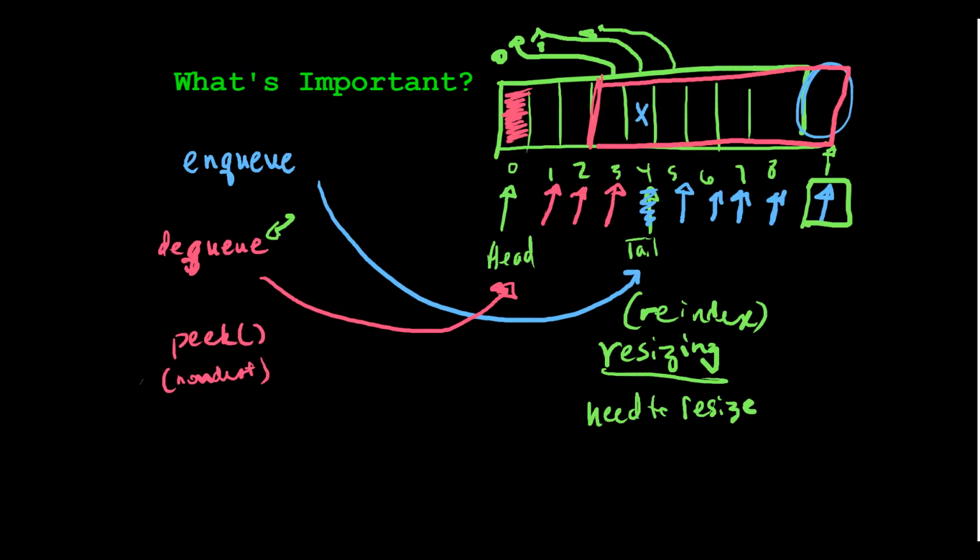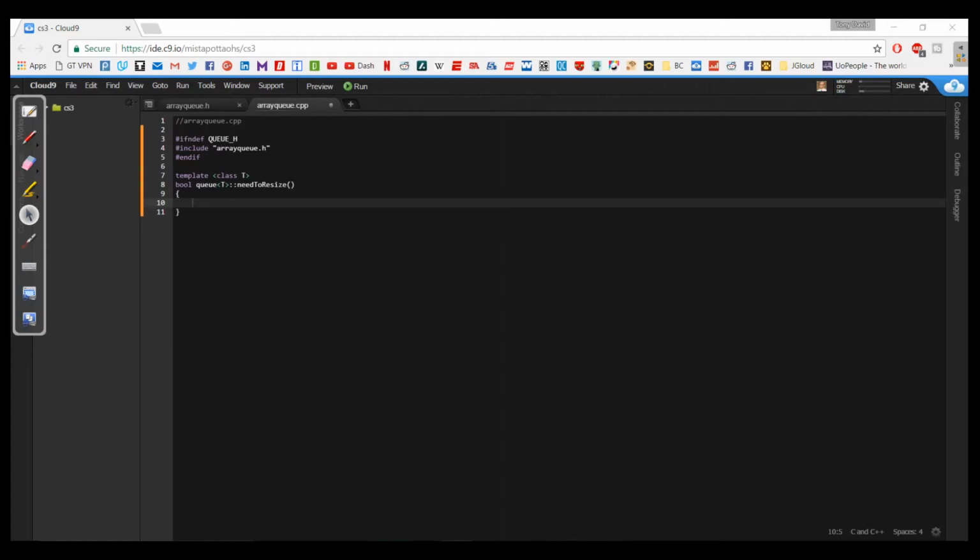I'll know if I need to resize if this last position, if my tail is equal to size. So I want to return if tail is equal to size. And so if that's true, then I need to resize. If it's false, then I don't need to resize.